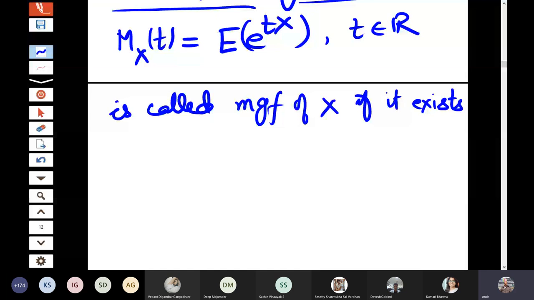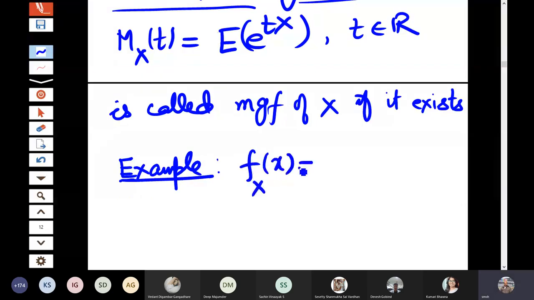So let us take the example that I have done, and we'll just modify it here. Suppose I consider some of the distributions that we have considered earlier.